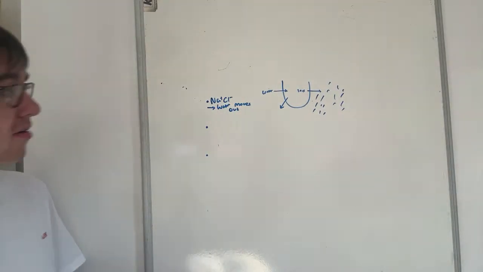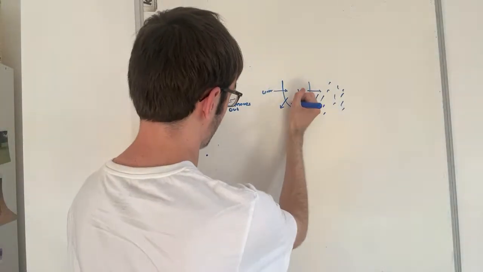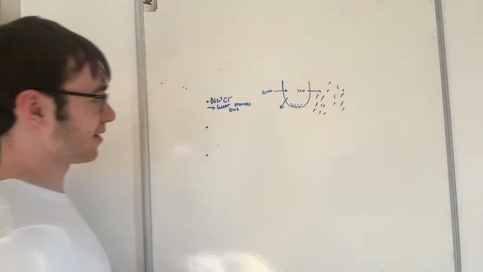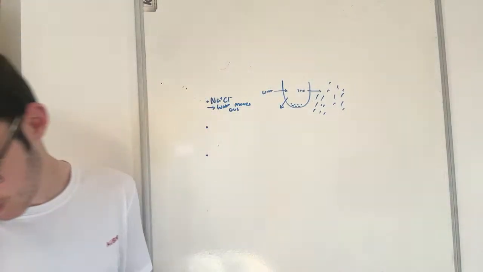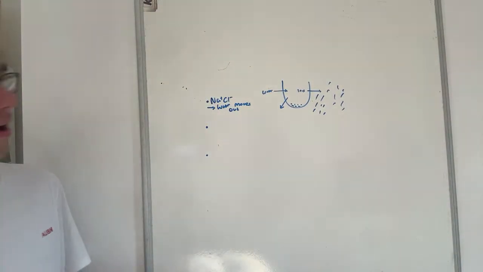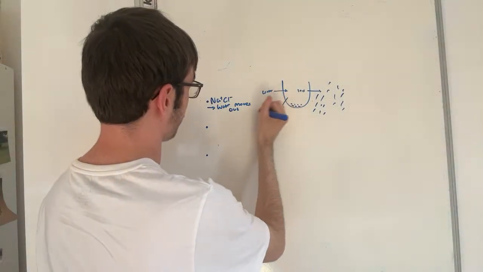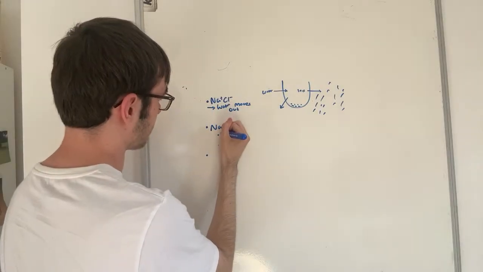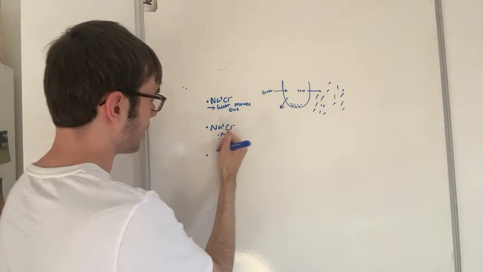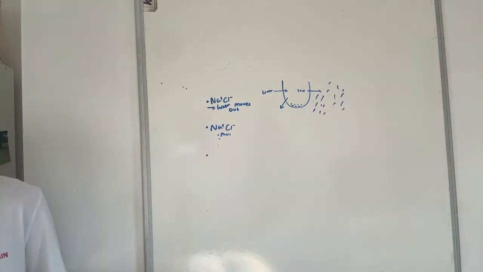Then, because of all this water moving out, this filtrate is now going to be very concentrated. Therefore, ions are going to move out again via facilitated diffusion. And then obviously it does the same again.